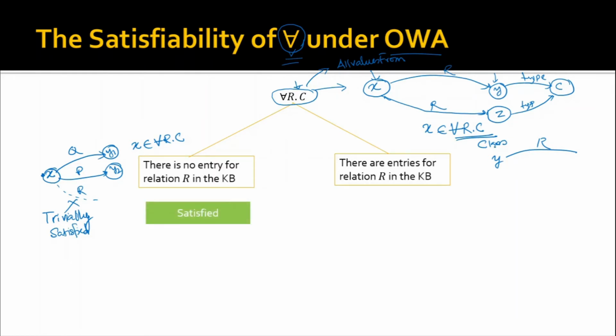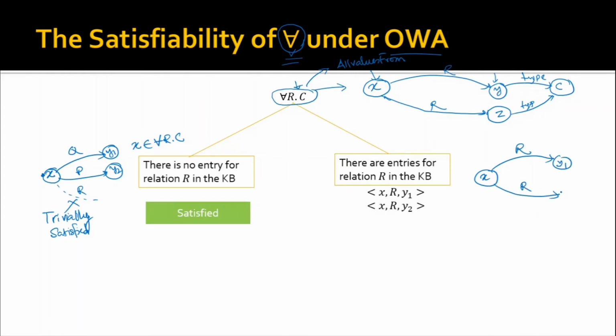Now let's say for X we have these two relations coming out of X, going to Y: X R Y1 and X R Y2, right? Here we have two cases.